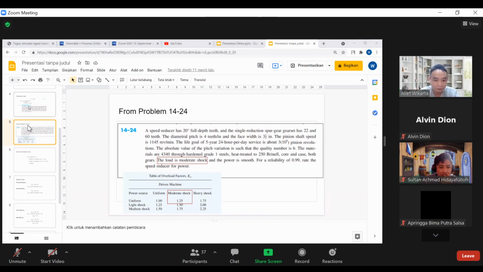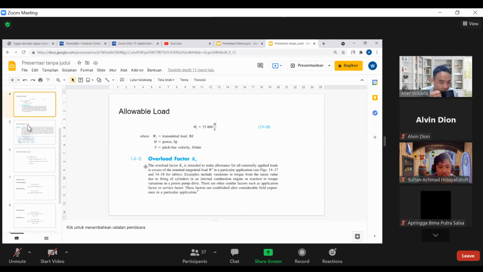Okay, sir. I will explain it here. I picked from equations 13 and 35, where we calculate the transmitted load. But because we want to find the allowable load, we have to multiply it by a factor which connects to the overload factor.